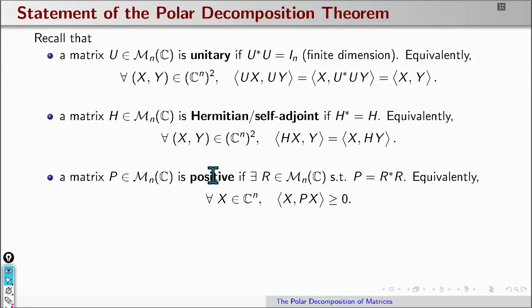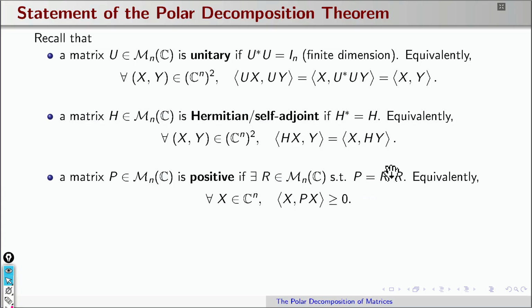Last notion: a matrix P is positive if it can be written as a kind of square. I do not say, but in fact positive is necessarily self-adjoint. It's self-adjoint plus another condition that this quadratic form is positive. We can see it as a quadratic form in x.